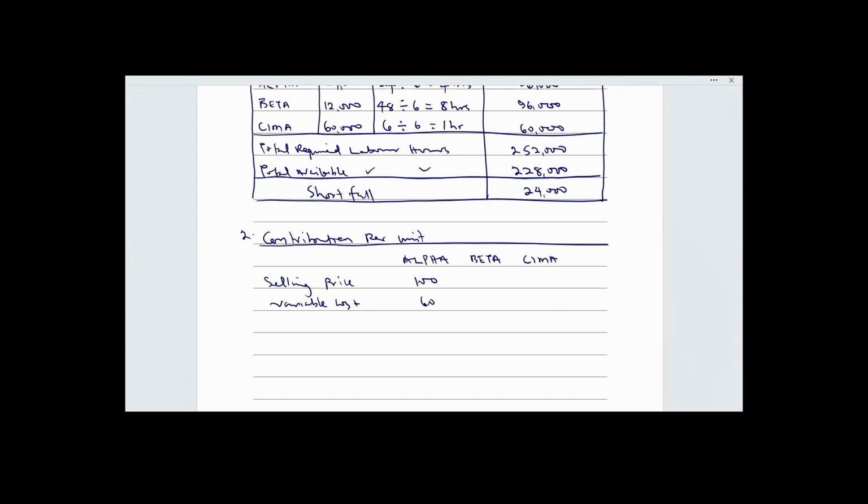Then for beta 124 and sigma 32, with variable costs of 60 and 20.